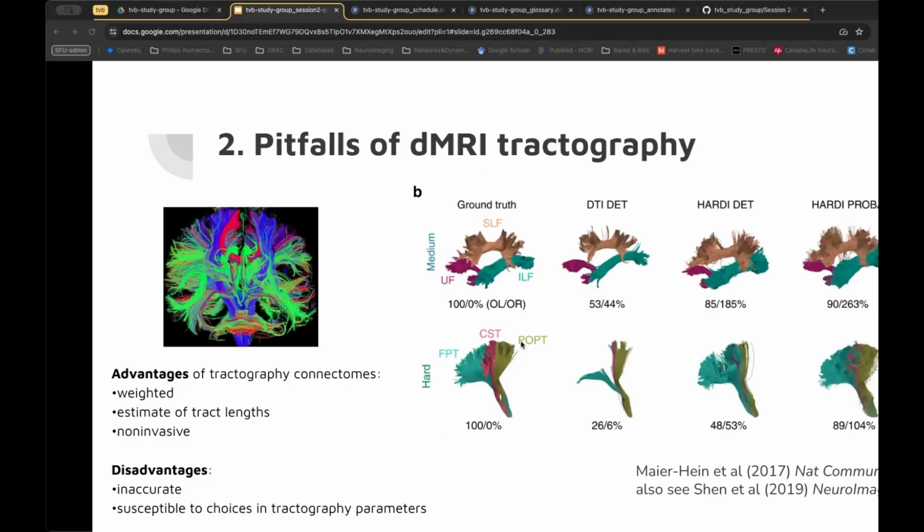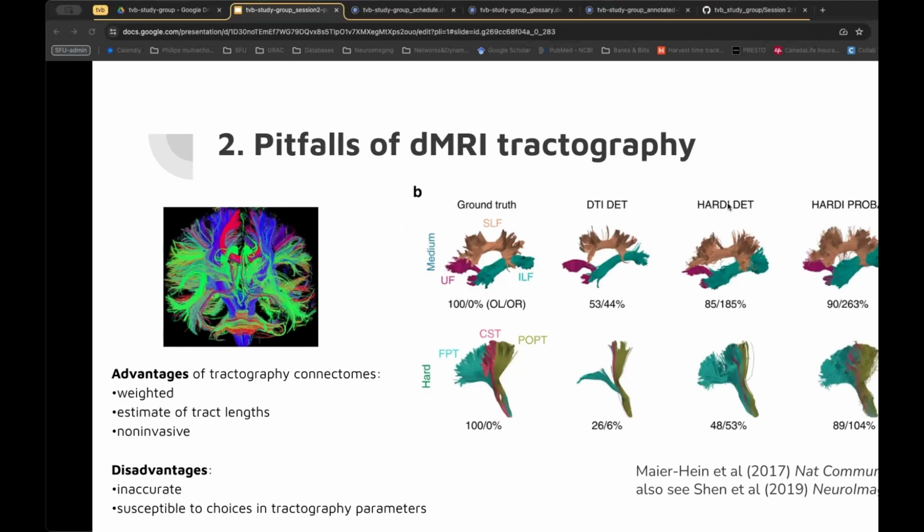They said, here's an image, this is what the tracks should look like. Use your own routines and see what you can reconstruct. I think they had something like 96 submissions across many different groups globally. And here is a very nice illustration of some of the difficulties with tractography.